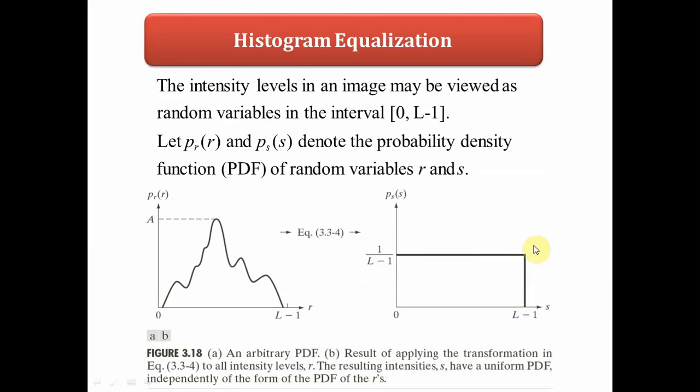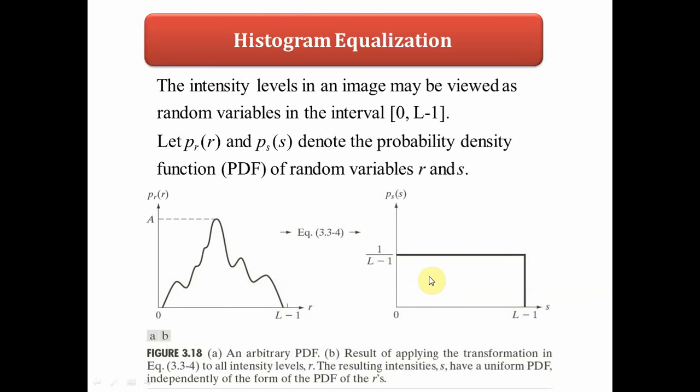Okay, this is nothing but the uniform. So our desired output should be the uniform one, but you will not get exactly the uniform output after doing histogram equalization on the uneven histogram. But the aim is to make it as near to the uniform as possible.